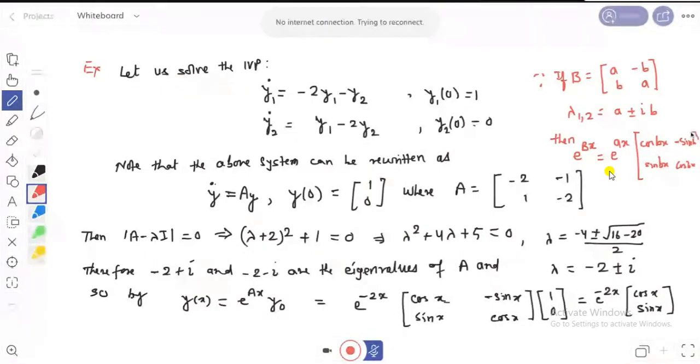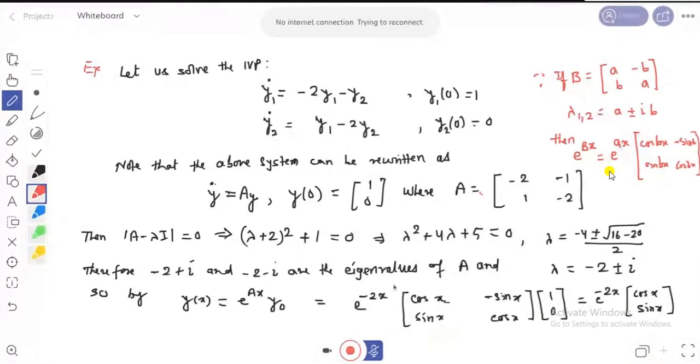So this is the exponential of that. Okay, so by this formula, we can write directly, if this is a matrix, then what is the exponential of that?